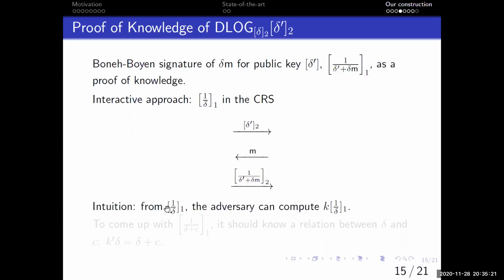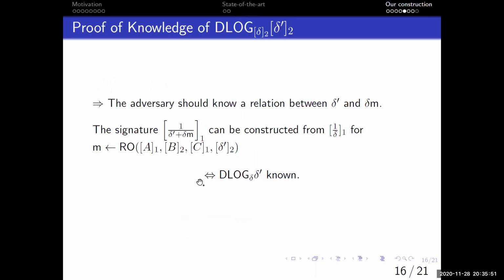The intuition is that from this element 1 over delta, the adversary can compute just combinations of it. So to come up with something like 1 over a sum of delta plus some C, it is because it knows a relation between this delta and this C. So if the adversary gives this signature, it is because it knows a relation between this delta prime and this delta.